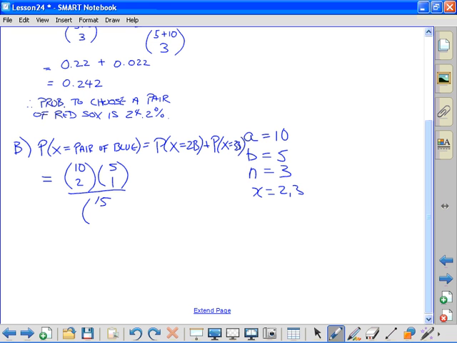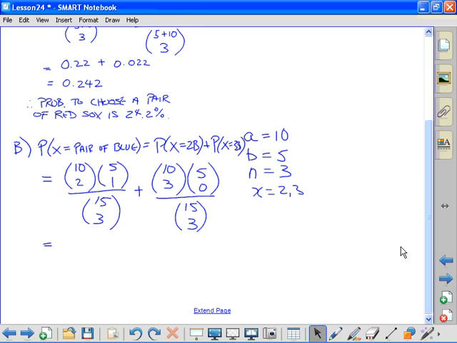So 15 choose 3. Plus, in the case that I pull 3 blue socks, I had 10 to pick, pull 3, 5, and 0. And in the bottom are denominators, 15 choose 3. And for people that are still thinking this is just a committee question, you're absolutely right. It is a committee question. That's what hypergeometric is. You're pulling people out of the group. So let's calculate that and see what it gives us.